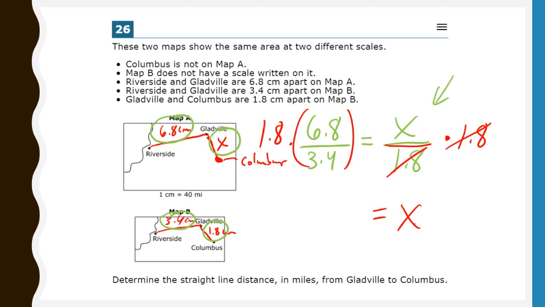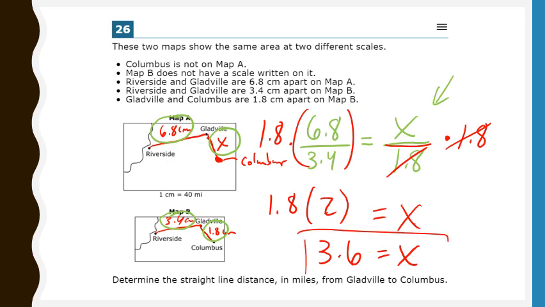Now I have 1.8 times 2 in my calculator. Again, 1.8 times 2 gives me 3.6. So in the big map, I know that this is 3.6 centimeters.